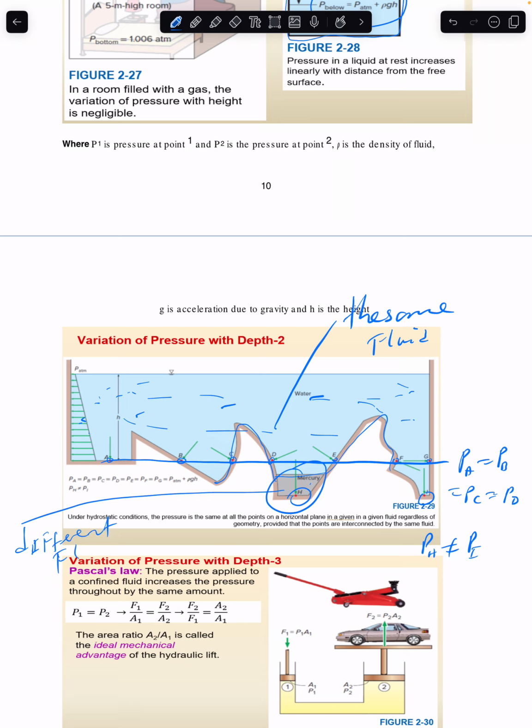So that is the logic. We have different fluid, so the pressure at the same point for different fluid will never be the same. It will only be the same when we have the same fluid. The pressure will be the same no matter the angle or the shape of the design. The pressure will always be the same.